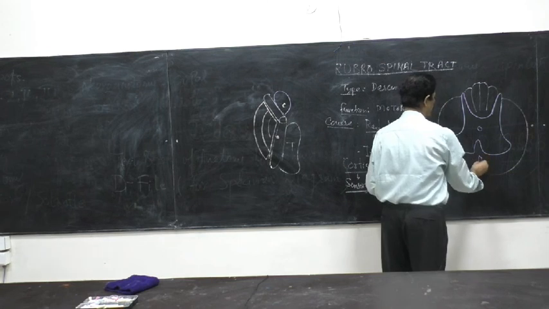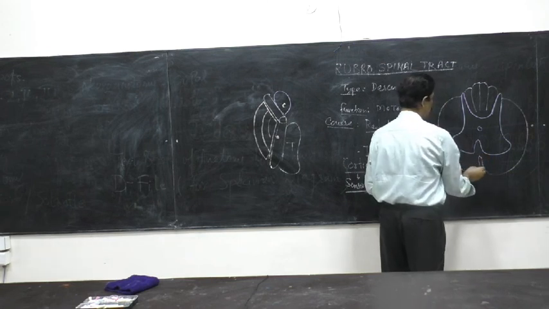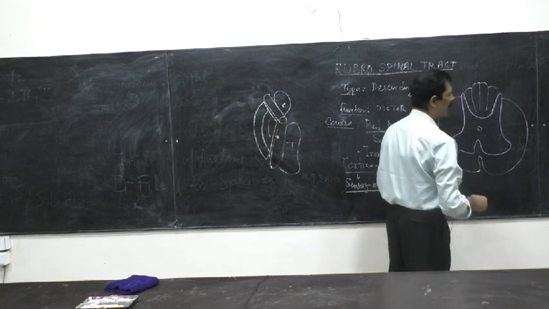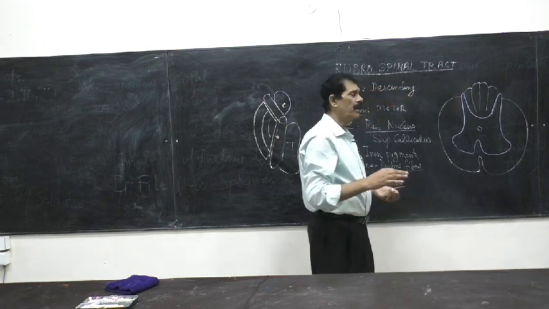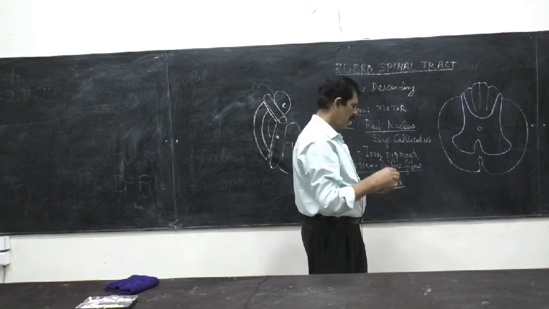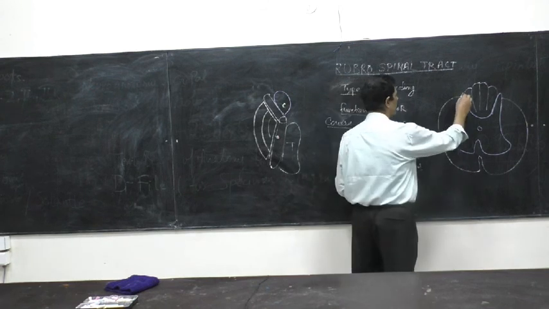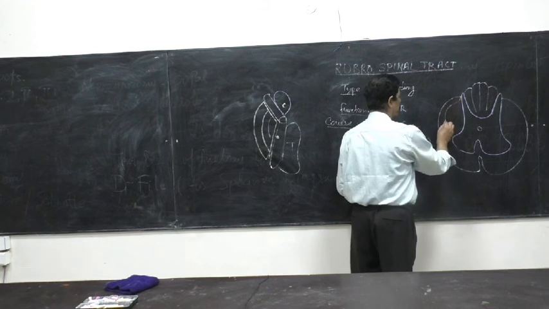So sometimes in the exam it comes: draw and label the transverse section of the spinal cord. Then you have to make this diagram with all the columns containing various types of tracts.